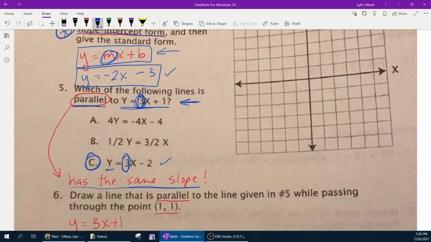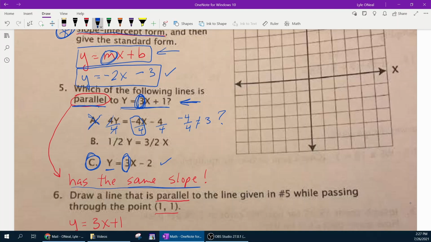Now let's check answer choice A. To get the y by itself, you would have to divide everybody by 4. That'll get those y's to cancel. And then you can look at the coefficient of x and ask yourself, is -4 over 4 equal to 3? Well, that is obviously not true.